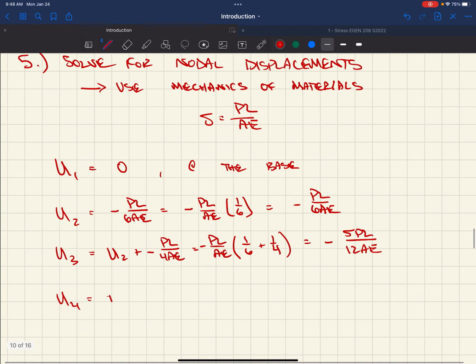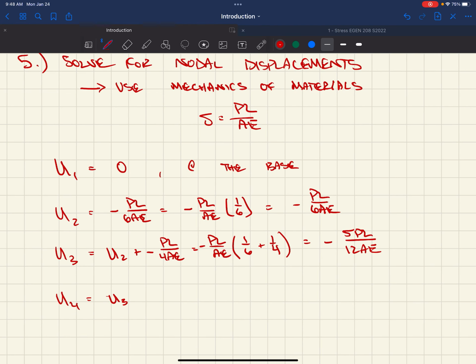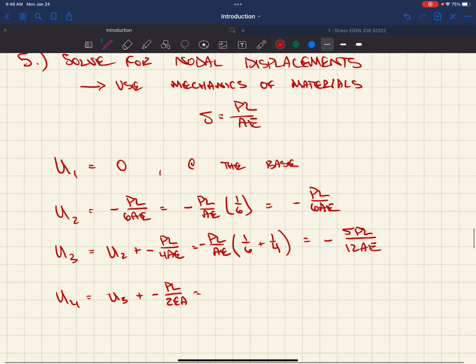Do it one last time. The displacement at the top is going to be the displacement at the third node plus the displacement across that finite bar element, which has a length, area, modulus of elasticity, PL over 2EA, because we have 2 times the area, equals negative PL over AE times 1/6 plus 1/4 plus 1/2.